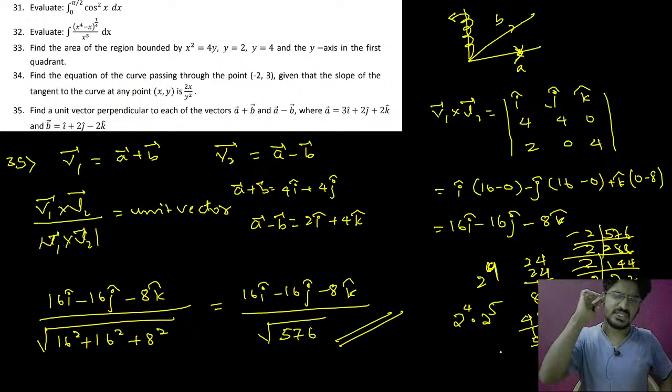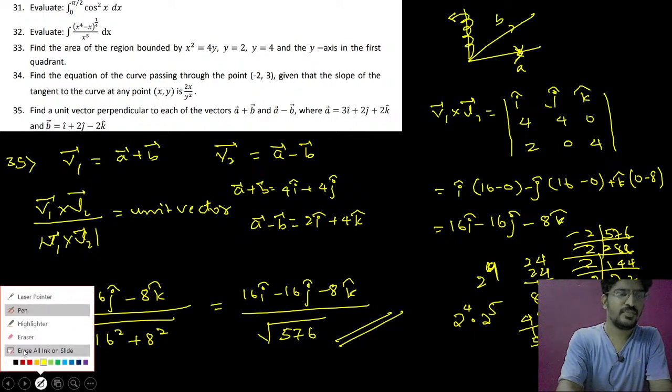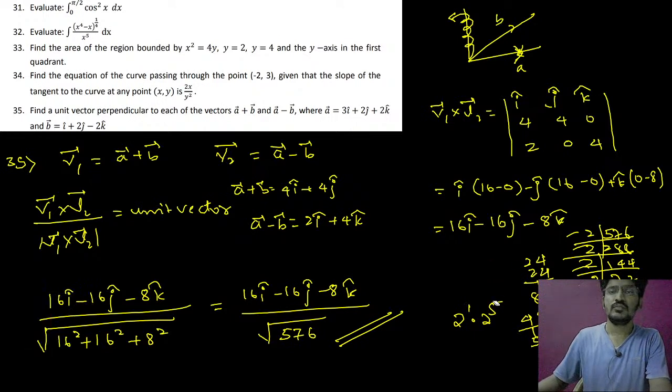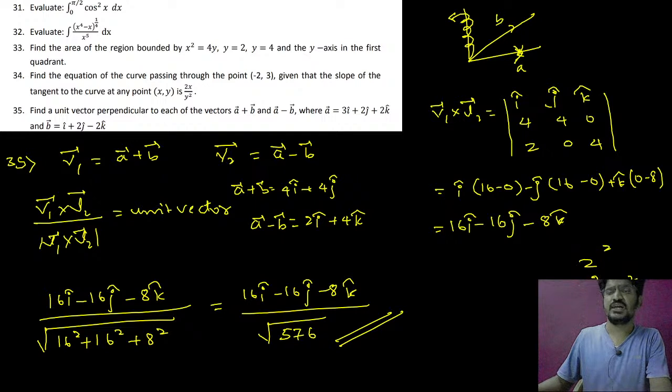This will be 576 or what? 24 square, you can just check once, so that I think you can get the right answer. So I'll check 24 square, that is 24 multiplied with 24 is 576.